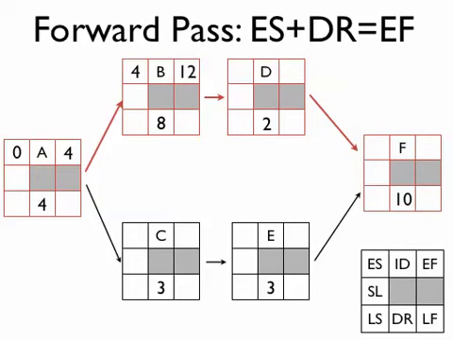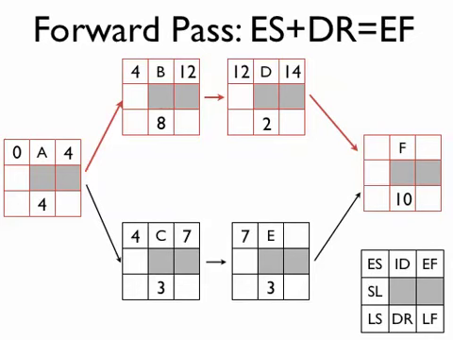That gives us 12. In C we have the 4 from A, we add to that 3, and we get 7. In D we take the 12 from the early finish of B, we take that over to the early start of D, and we add 2 to that, and we get 14.